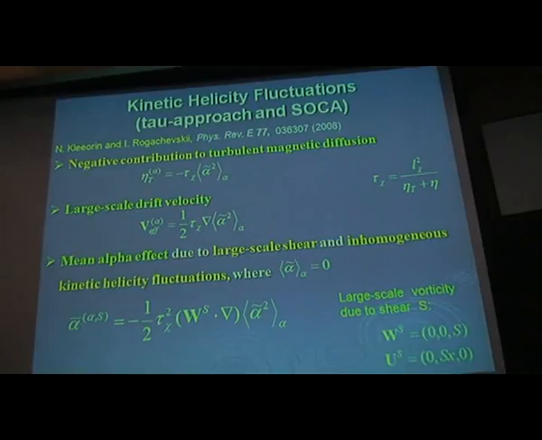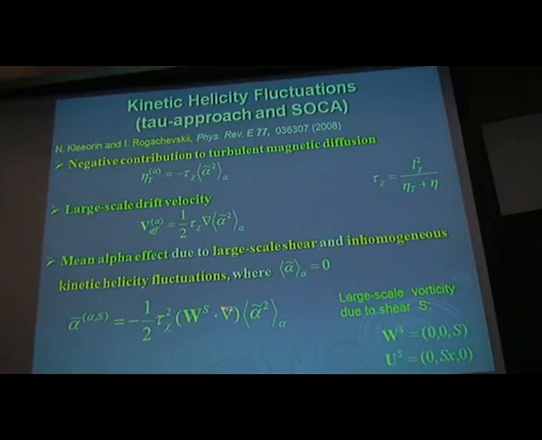If you have turbulence with imposed large-scale velocity shear, then the combination of large-scale shear and inhomogeneous kinetic helicity fluctuations produces a mean alpha effect. In spite of the mean value of the fluctuations being 0, nevertheless the mean alpha effect is not 0. If we consider a simple shear flow, with velocity in the y direction and homogeneous in the x direction, there is a large-scale vorticity in the z direction.